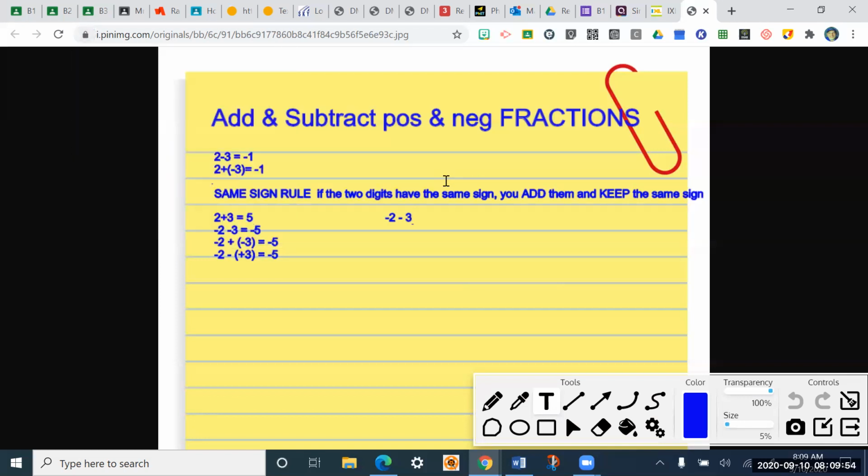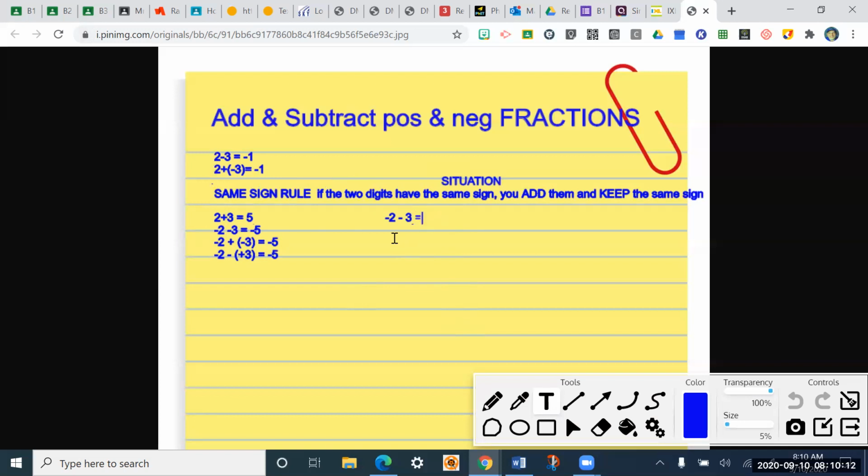Let's start thinking about situations. It's either a positive in a positive situation or a negative in a negative situation. That's what same sign rule is.